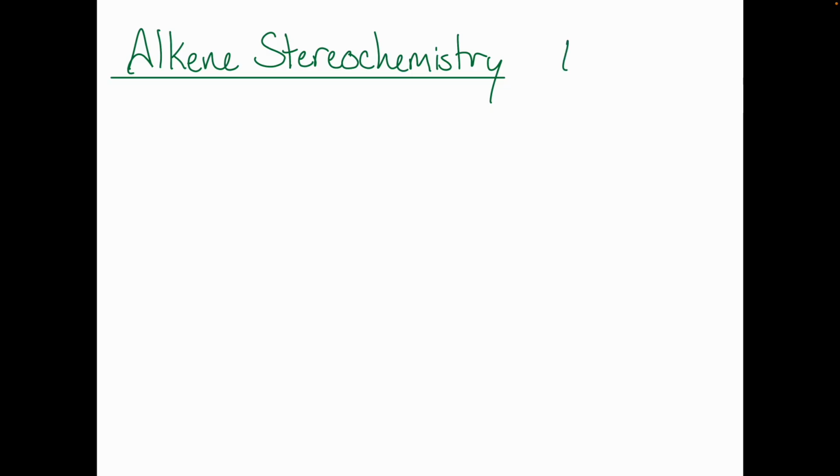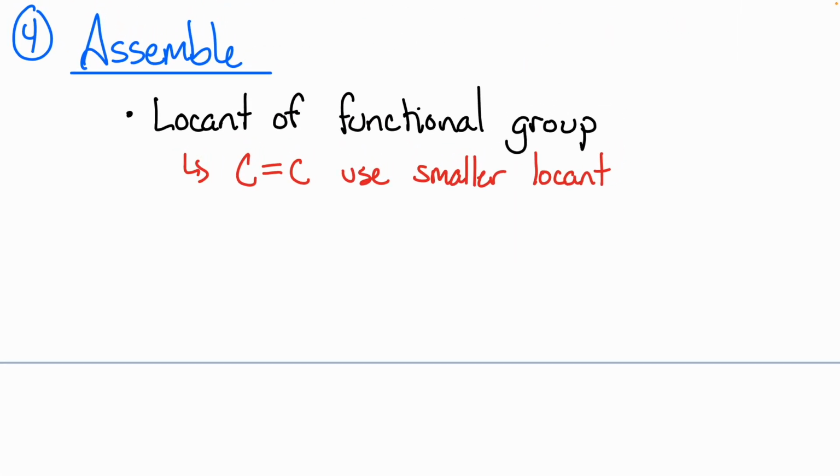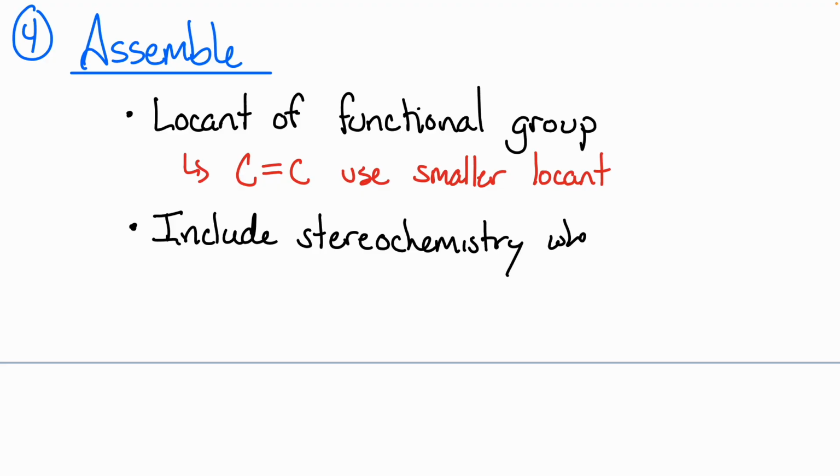And so what's preferred by the IUPAC system is what's called the E or Z stereochemistry. So importantly, when we assemble our name for our alkenes, we need to include stereochemistry when necessary.